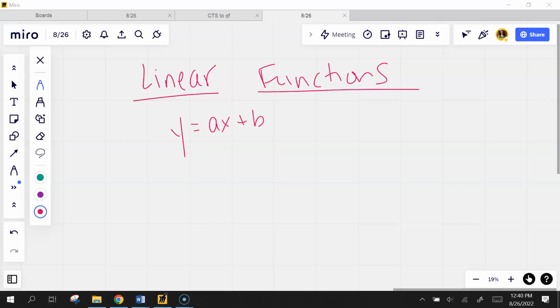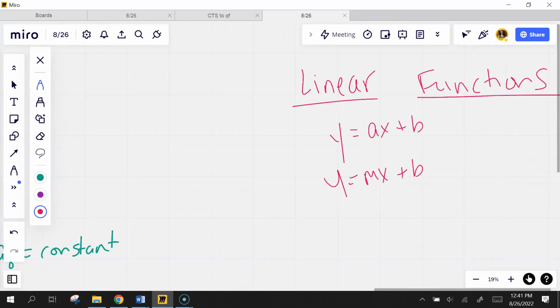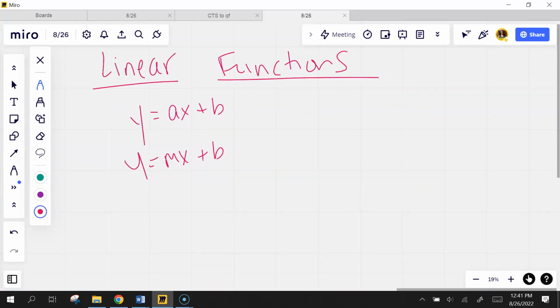We call it mx plus b, but either one. But tell me in terms of a polynomial. Ax plus by equals c, but it doesn't matter. Give me in terms of a polynomial. Some of the things that we've talked about with polynomials, tell me how we can use that to describe linear functions.